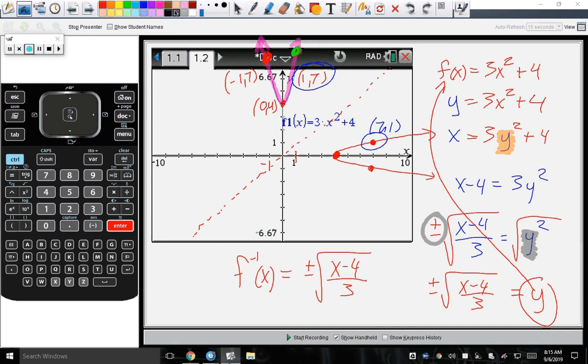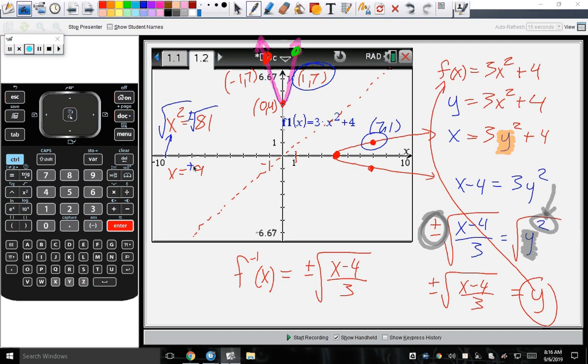Now, the reason why people forget this plus or minus is because they're not remembering that anytime this number is an even number, 2, 4, 6, 8, doesn't matter, you have to account for this with the plus or minus. Because it's like saying x squared is equal to 81. Well, most people would take the square root of both sides and think the answer is only 9. But when you do this with the variable here, you have to do the plus or minus on the right side.